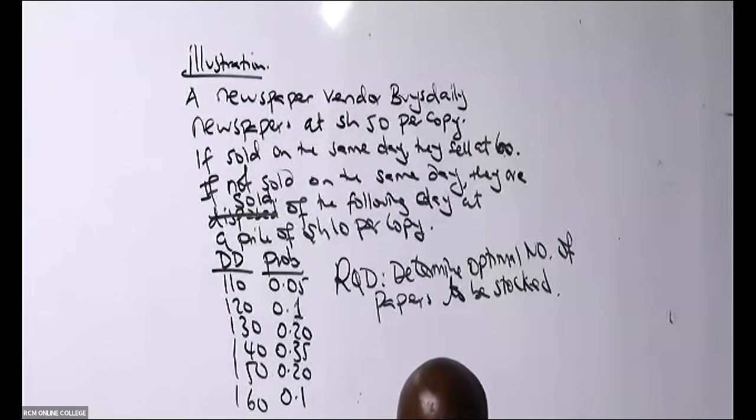So they've given us the demand. You can see the demand here is 110, 120, 130, 140, 150, 160. And then the probabilities are given. So required, determine the optimal number of papers to be stocked.